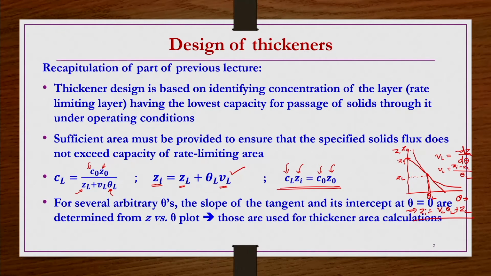Now, what we understand from here? The solids flux does not exceed the capacity of the rate limiting layer. So, what does it mean?